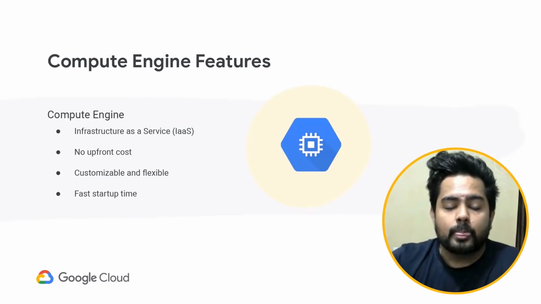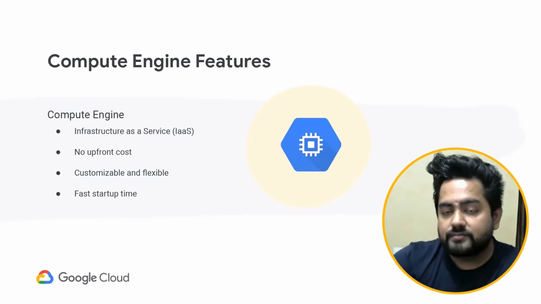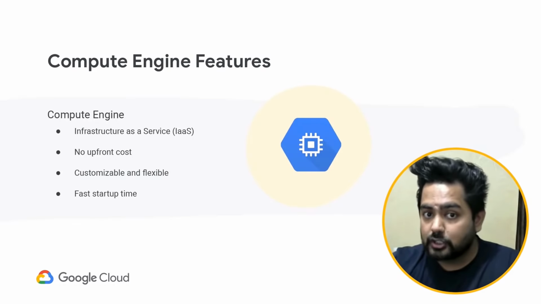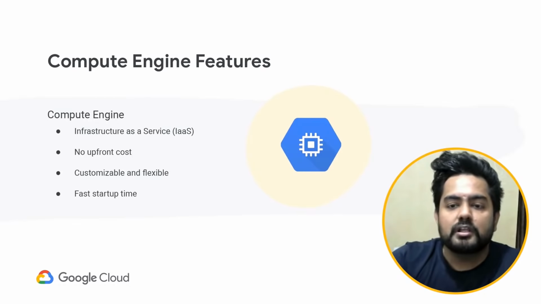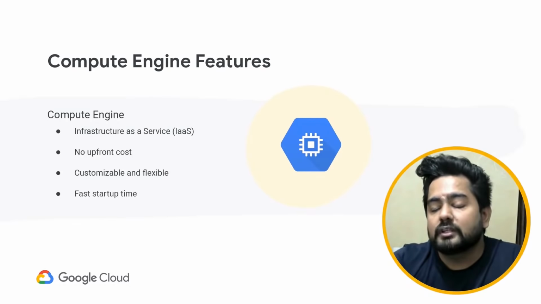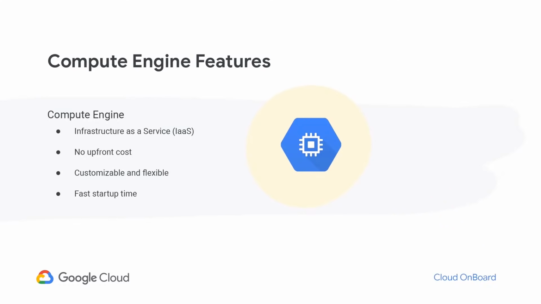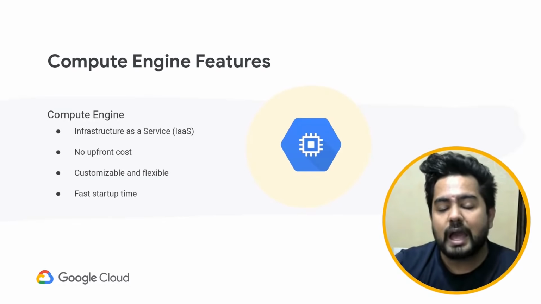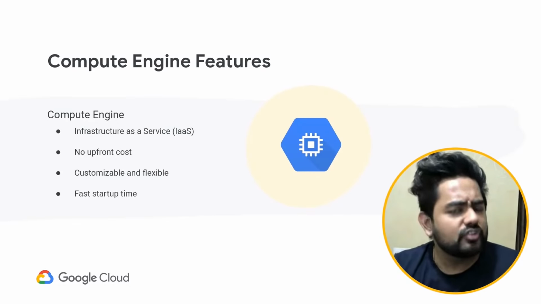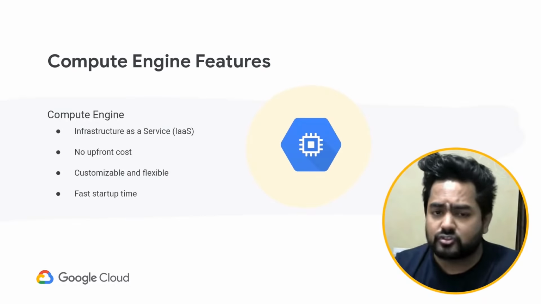That means GCP manages the physical servers and services for you, and provides you a familiar virtual machine environment without you needing to maintain them. Compute Engine provides a lot of configuration options, and you only pay for what you provision with no upfront cost. You choose how much memory and CPU you want, and the type of storage you want.